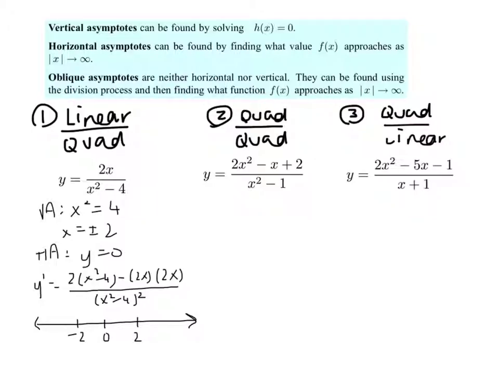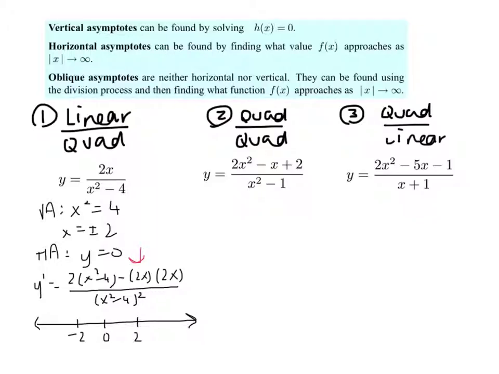And for horizontal asymptote, I know that my horizontal asymptote's at y equals 0, so I found those two. And then I found the first derivative of y, which is seen here.